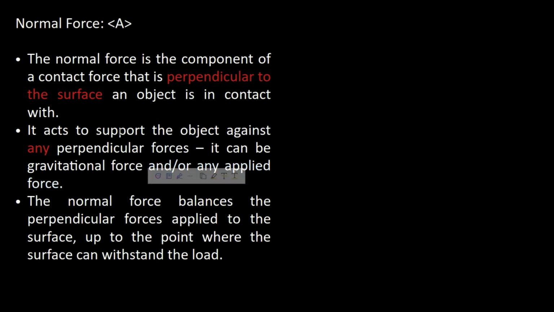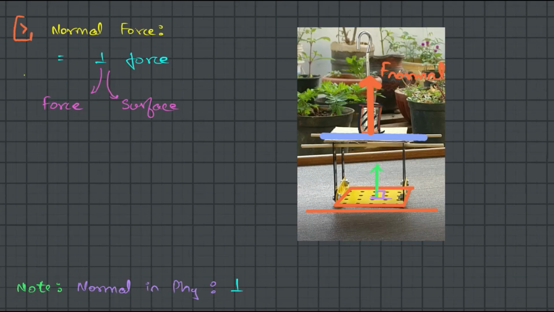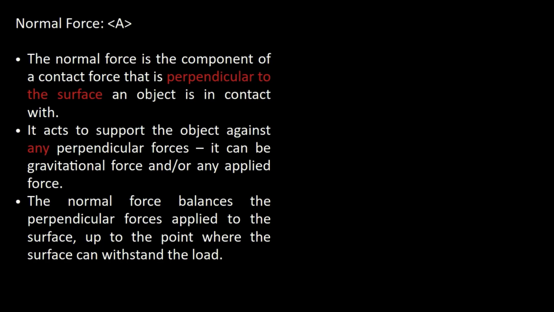Please remember this about normal force: it's not only your traditional gravitational force, whatever you saw over here. There are cases wherein we see the normal force even though there is no gravitational pull in that direction.